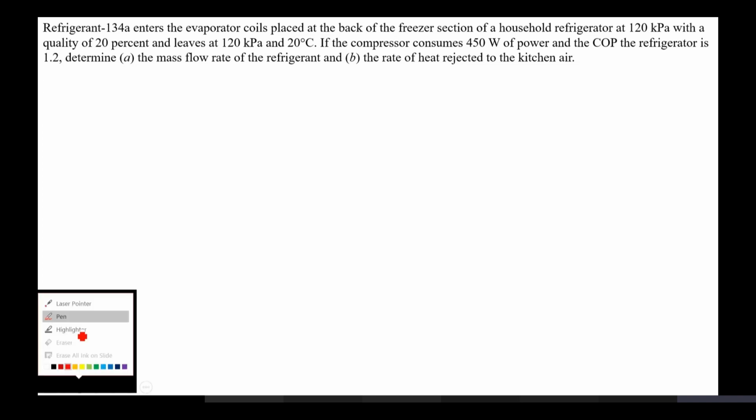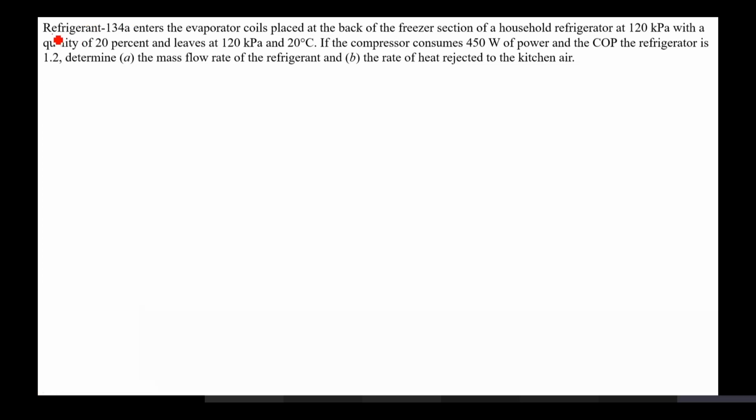So kindly first go through the problem statement, which states that a refrigerant R134A, specified over here, so I know which tables to use. It enters the evaporator coils placed at the back of a freezer section of a household refrigerator at 120 kilopascal with a quality of 20%. So this is the condition.